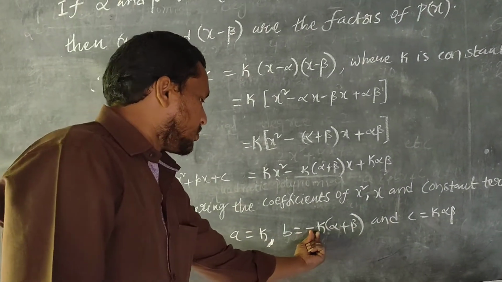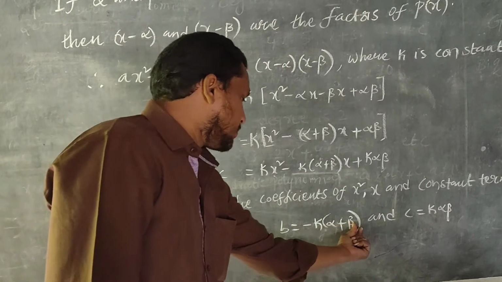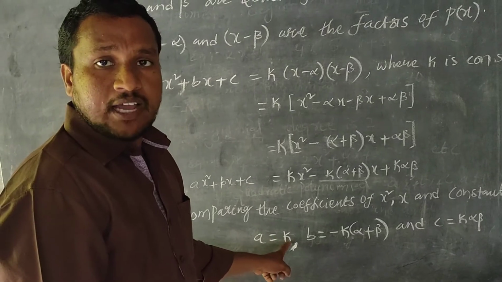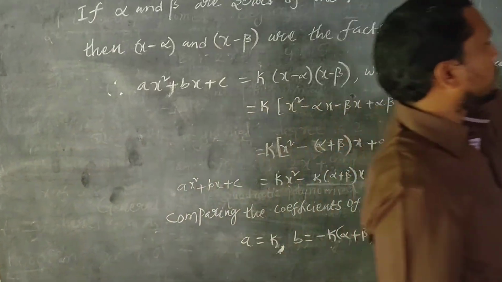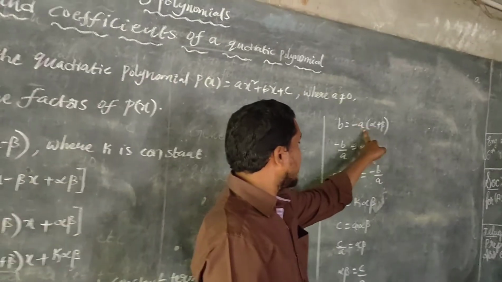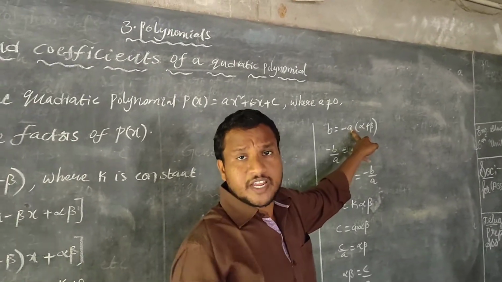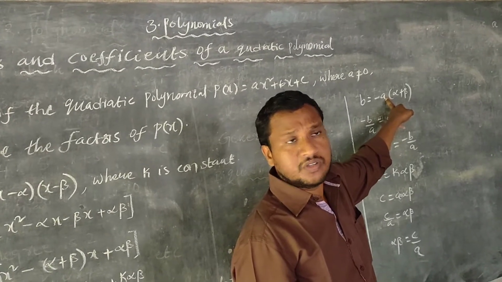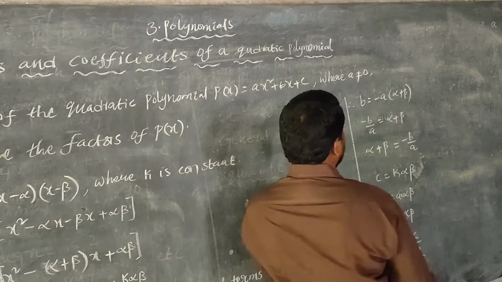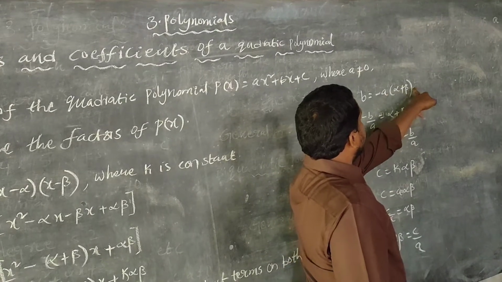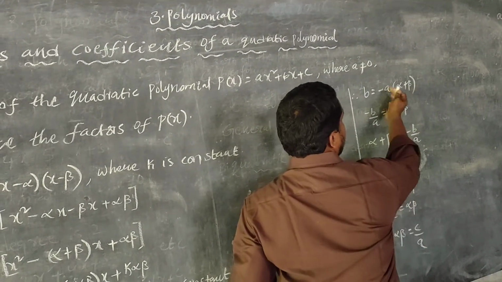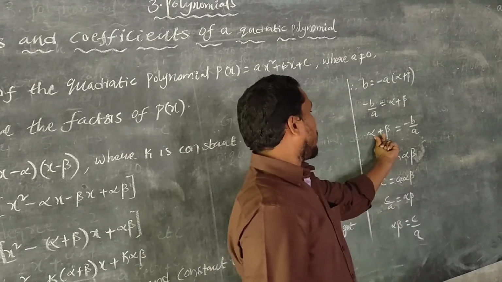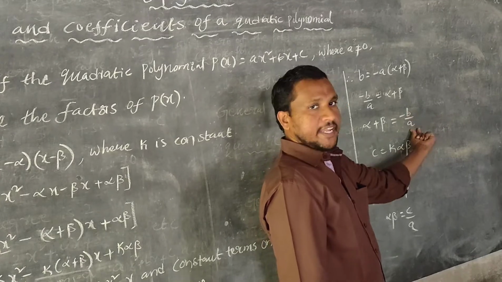b is equal to minus k into (alpha plus beta). What is the k value? k is equal to a. Substituting, minus a into (alpha plus beta) gives b, so transposing to the left hand side, minus b by a is equal to alpha plus beta. So alpha plus beta is equal to minus b by a.